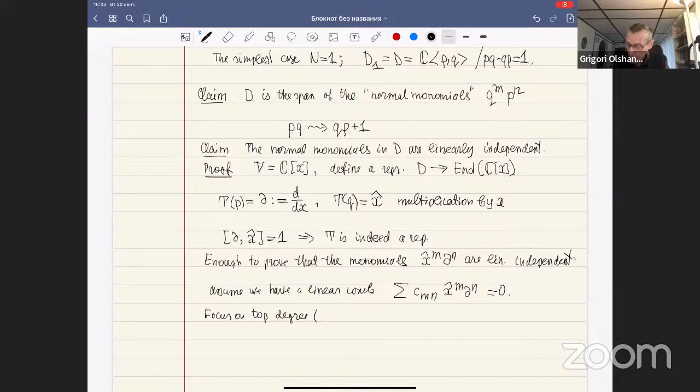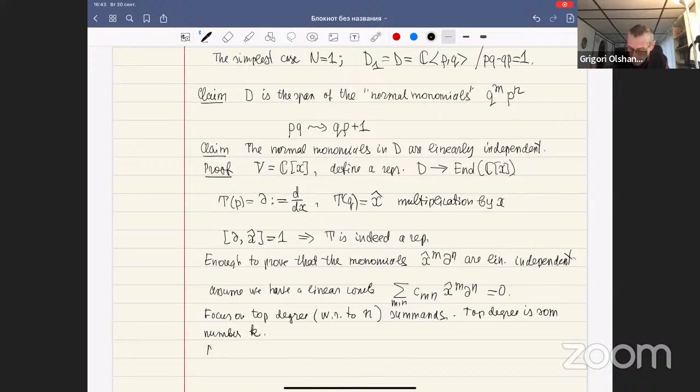In this case, top degree with respect to the order of differential operators, with respect to these summands. So assume the top degree is some number, say k.